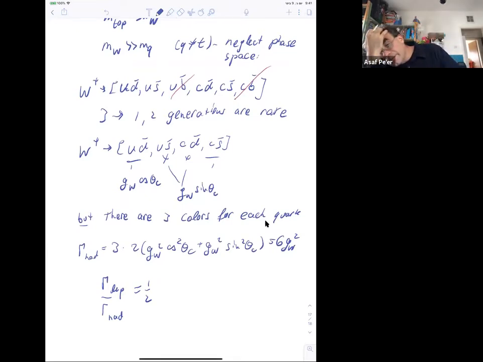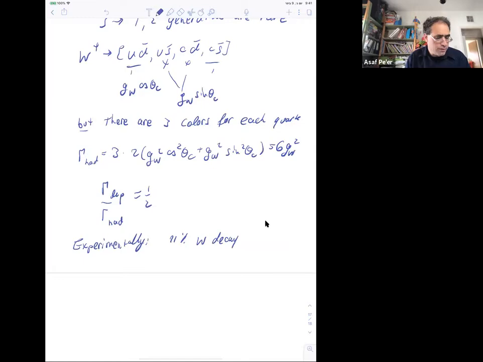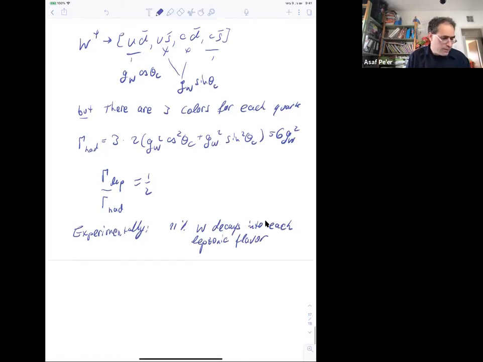And indeed, when you look experimentally, about 11% of the W decay is into each of the leptonic flavors, and about 67% it decays into hadronic.